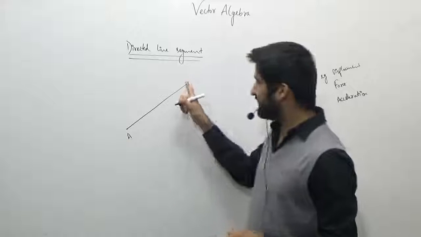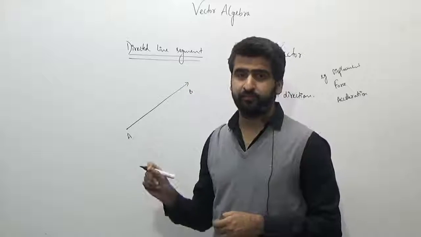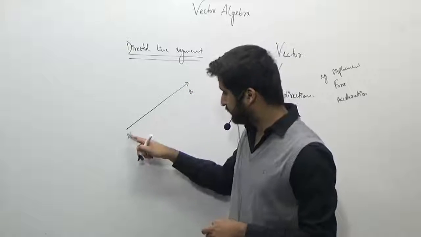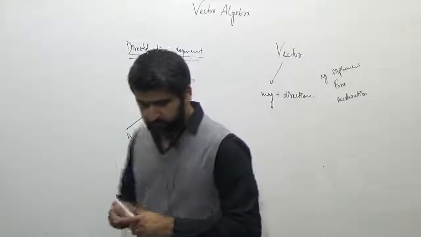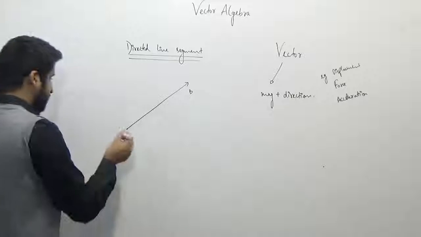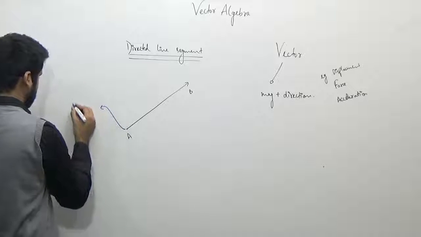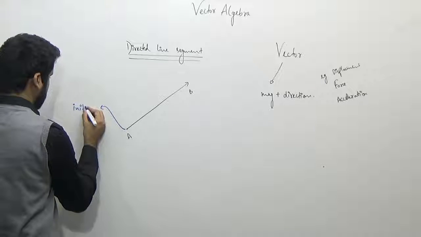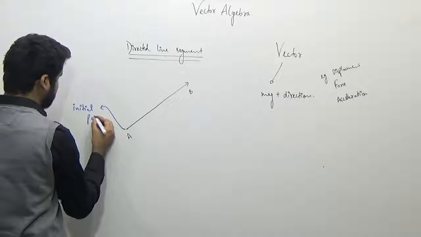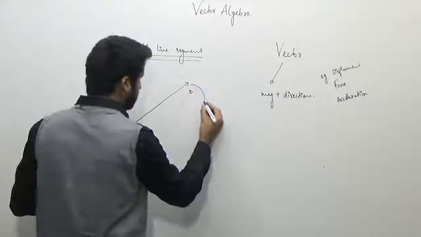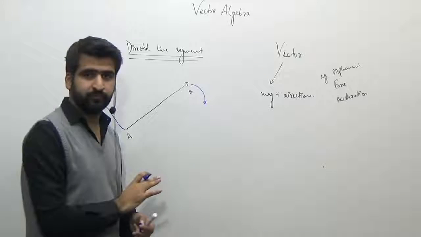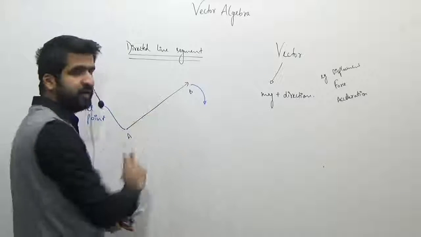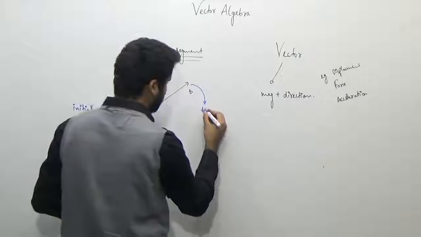Now this arrow will show the direction of the vector, that this vector is going from A to B. So this point A is called the initial point and the point B is called the terminal point. The terminal point is the one in whose direction the vector is going. The vector is going from A to B, therefore B will be the terminal point.